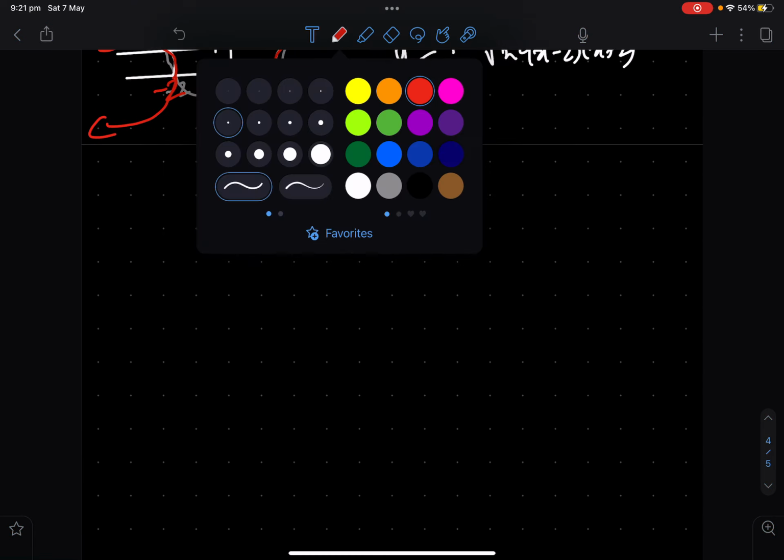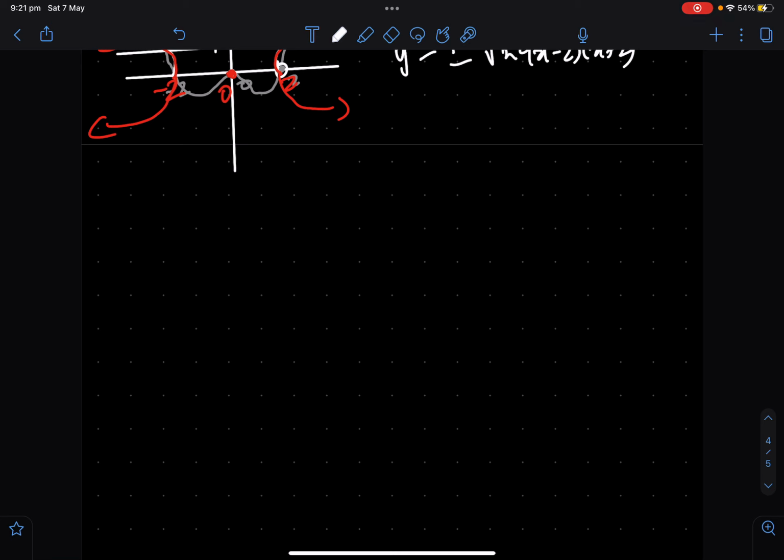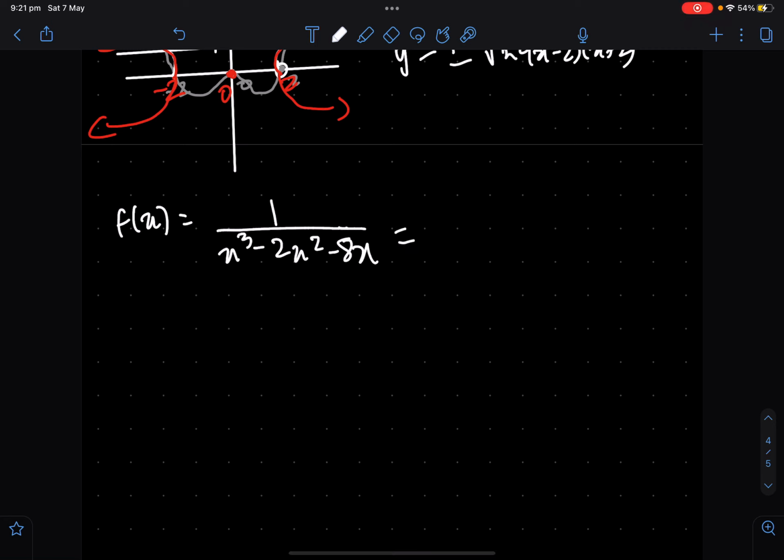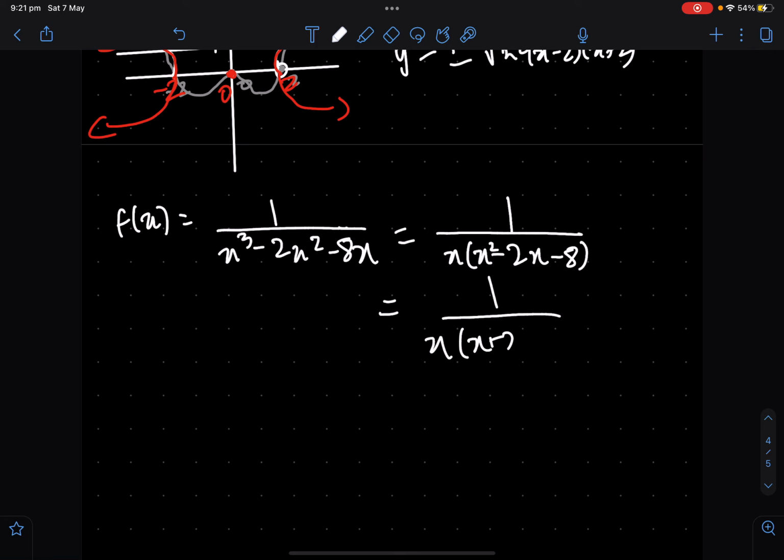And now we'll go to our last question, which is f of x equals 1 over x cubed minus 2x squared minus 8x. Now, factorizing this function, 1 over x cubed minus 2x squared minus 8x can also be further simplified to x times x plus 2, x minus 4.